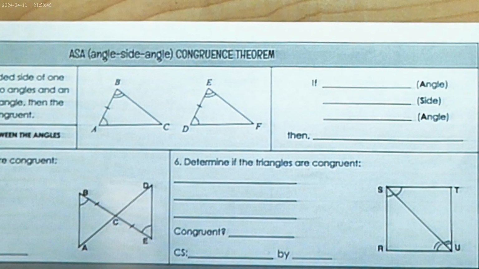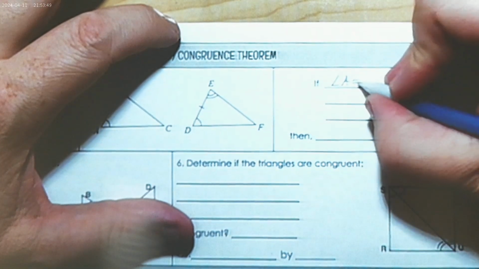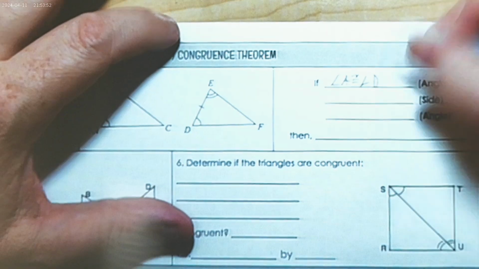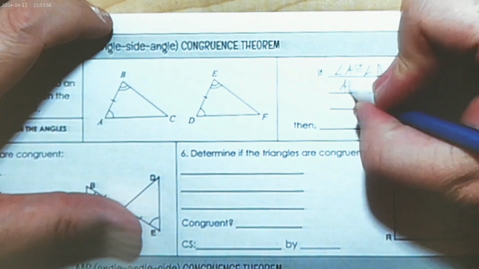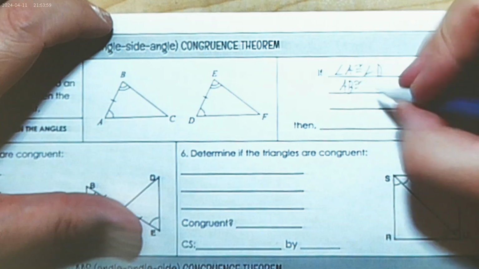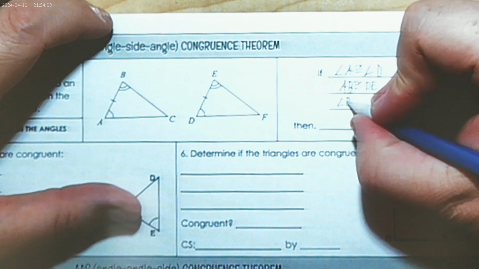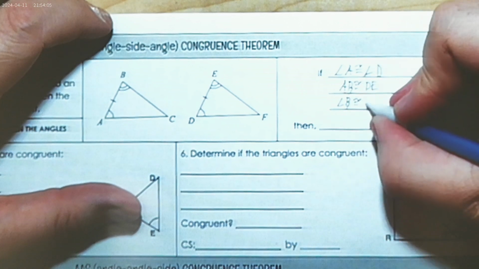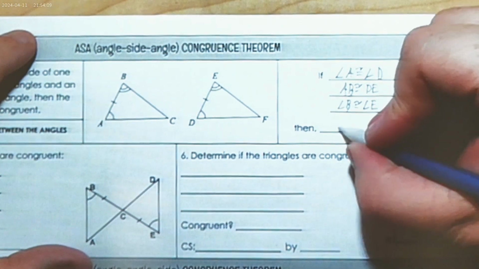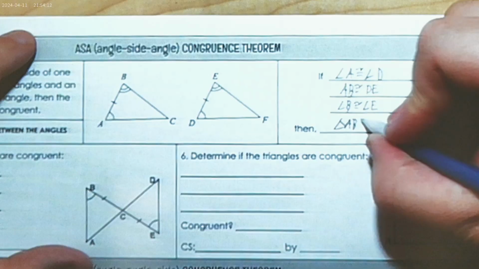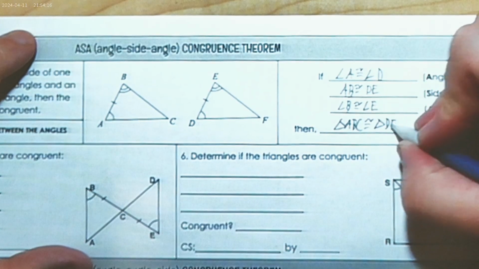So if angle A is congruent to angle D, if AB is congruent to DE, and if angle B is congruent to angle E, then triangle ABC is congruent to triangle DEF.